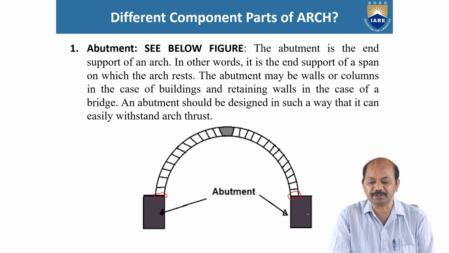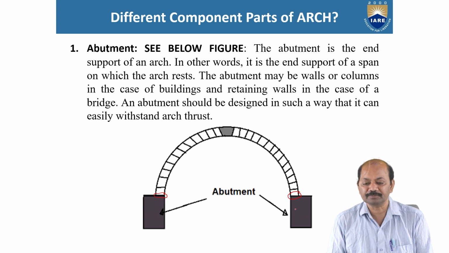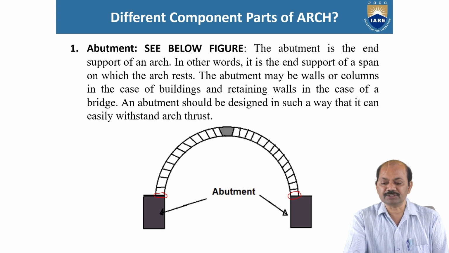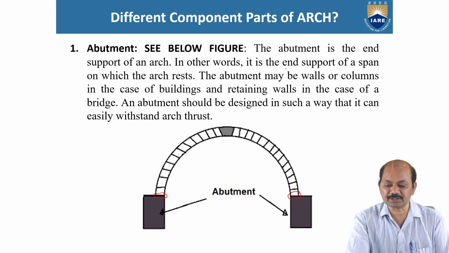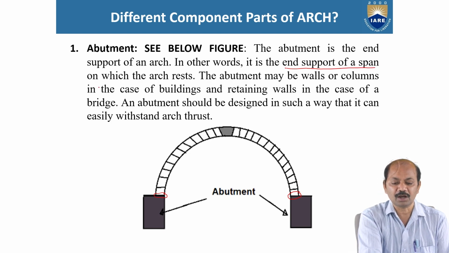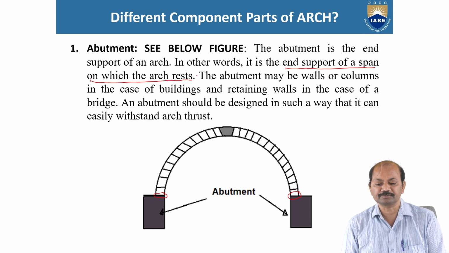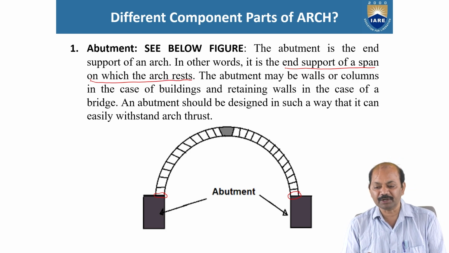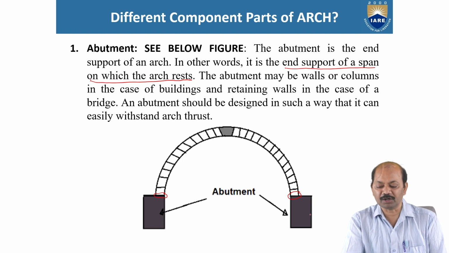This and this both are abutments. In other words, the abutment is the end support of a span on which the arch rests. The abutment may be walls or columns.